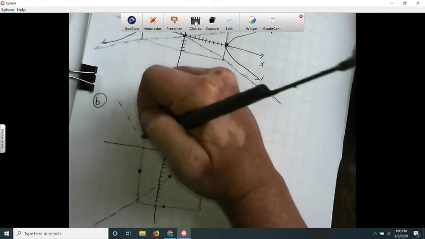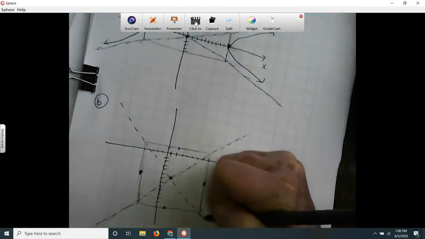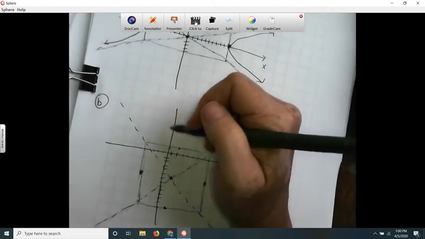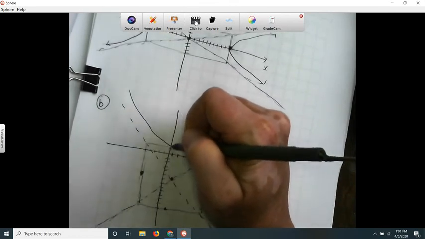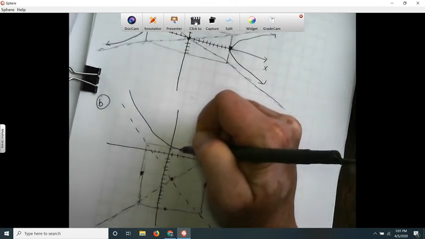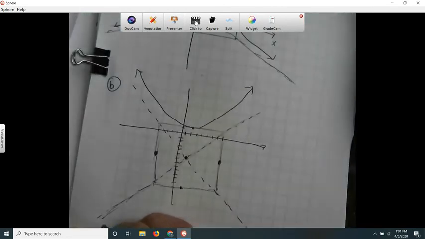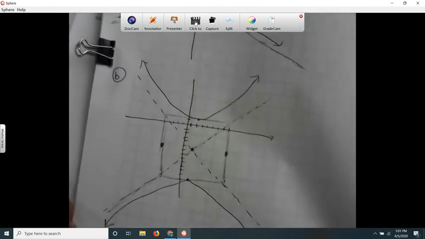So it's going to look a little bit like that. Okay, and there it is right here.